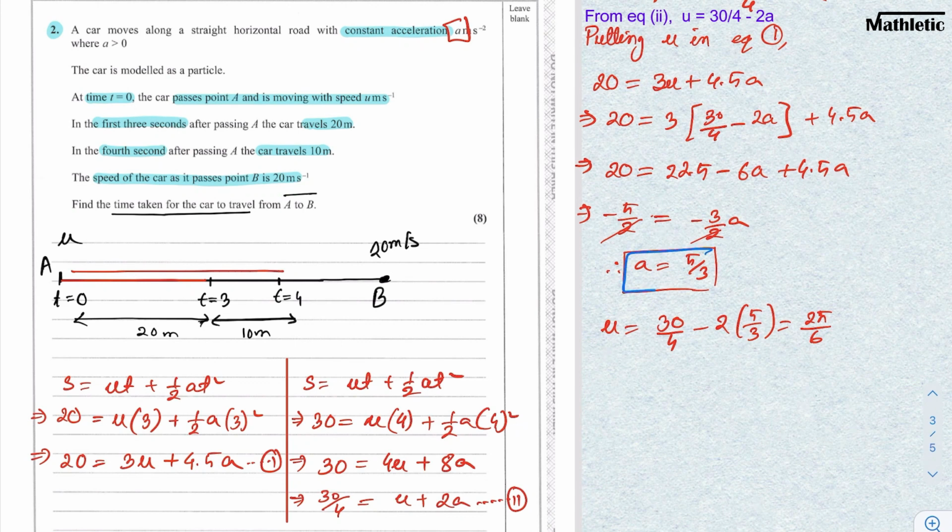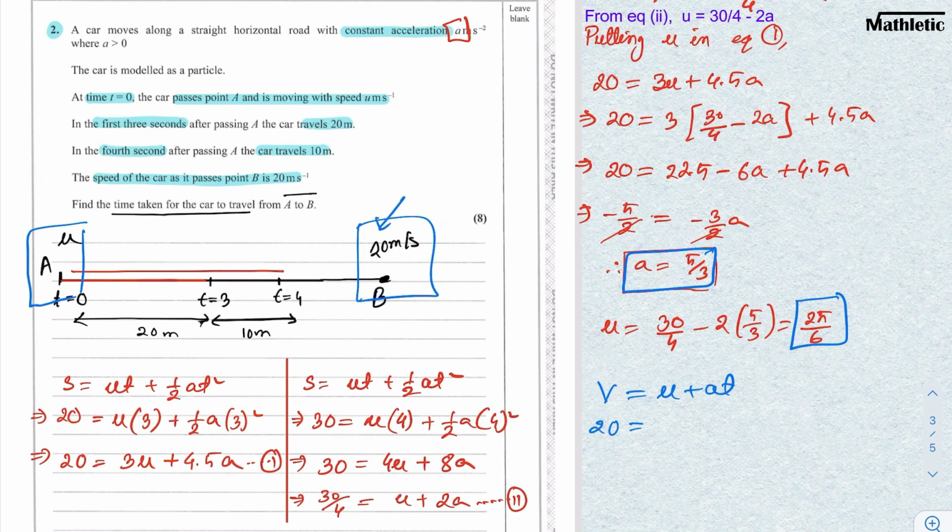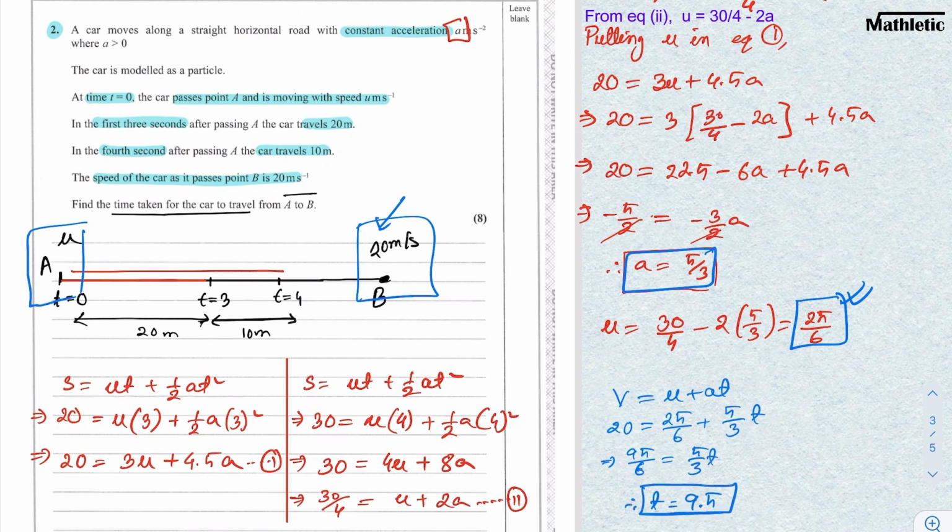Now that we have the value for a and u, we can apply the formula v equals u plus at. So A is my initial location and B is the final. So final velocity v is 20, u is 25 by 6, a is 5 by 3. So solving this will give us the value for t. So t is 9.5.